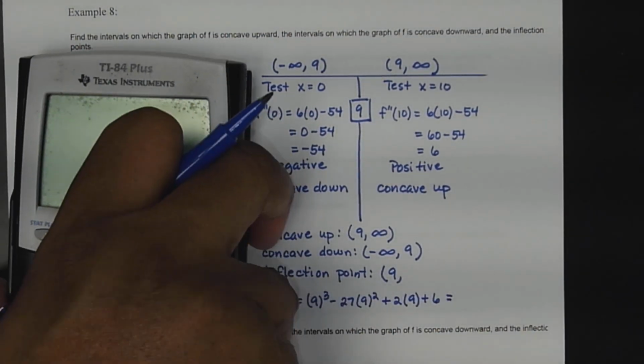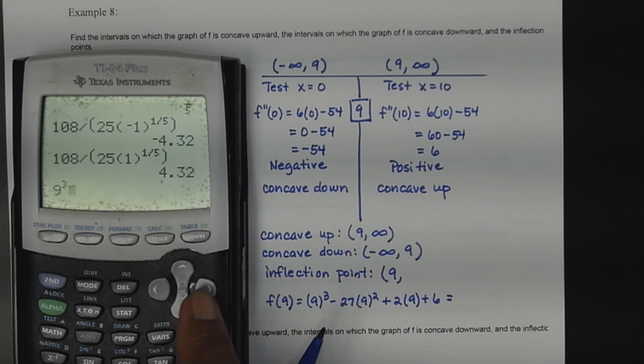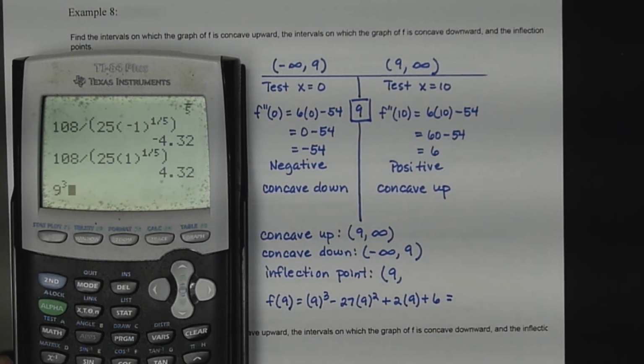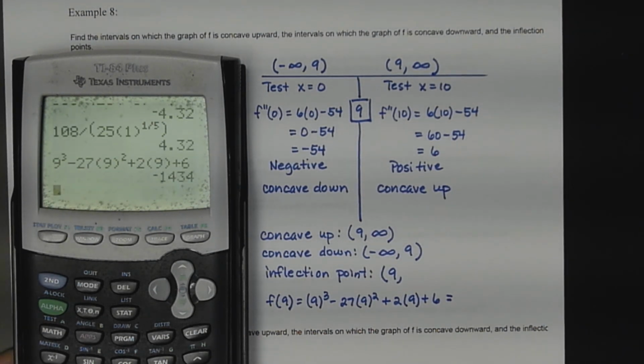Now I'm going to do this in the calculator. Let's see, 9 hat key and then 3 for the cube, minus 27 in parentheses, 9, close parentheses, square it, plus 2, parentheses, 9, close parentheses, plus 6.